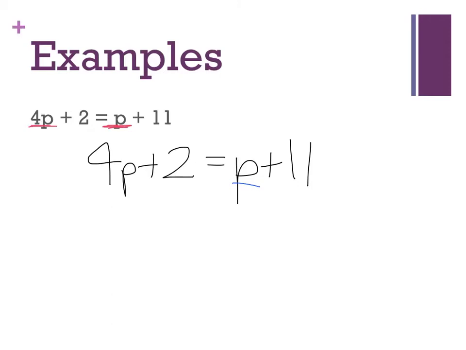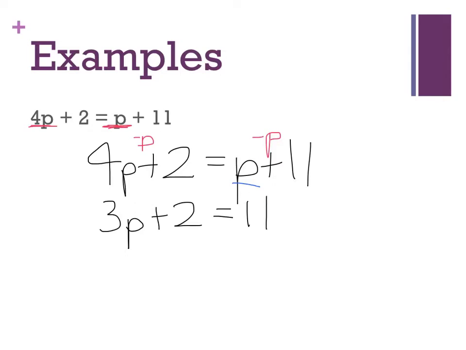I know it's a positive number because it doesn't have a negative in front of it. So in order to get rid of it on this side, if it's a positive, I must subtract P from this side. What I do to one side, I do the same to the other. So I need to subtract P from that side. So it becomes 3P plus 2 equals 11.